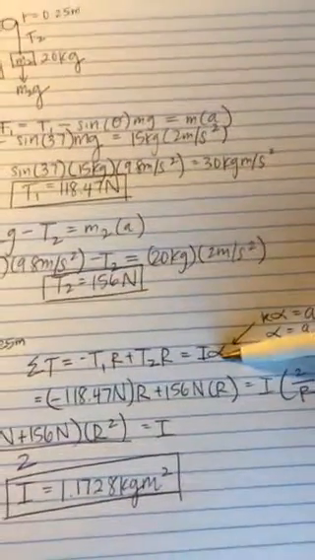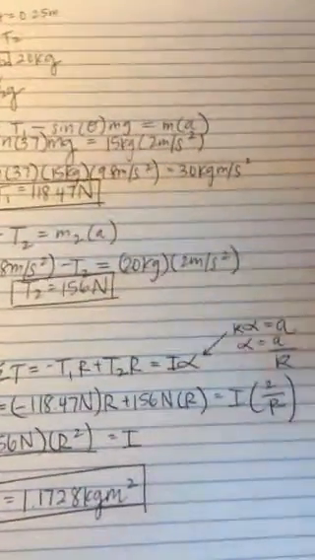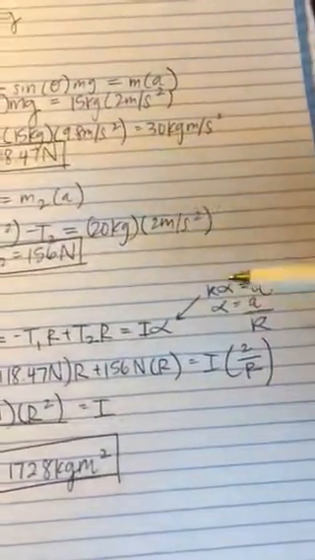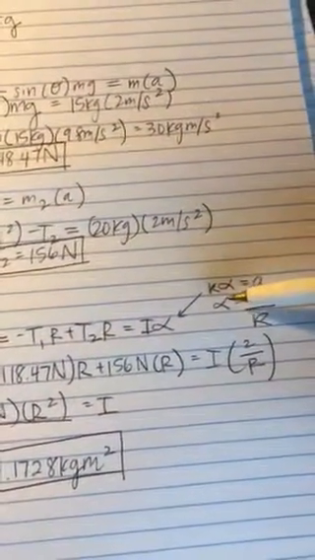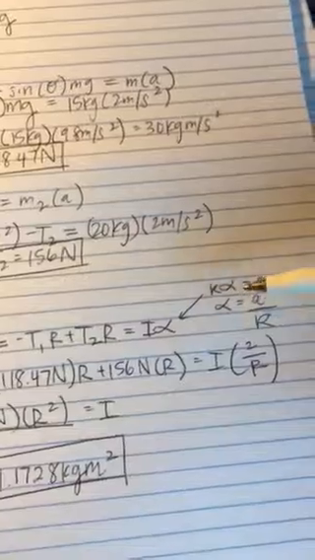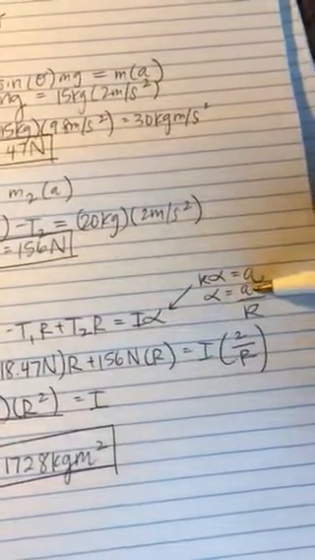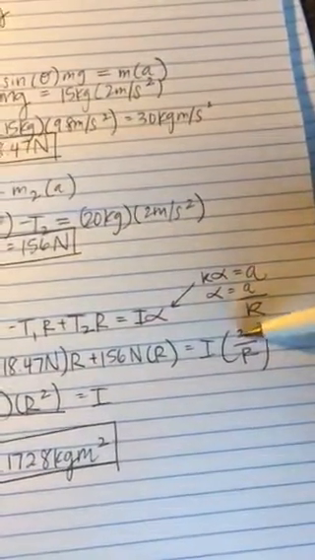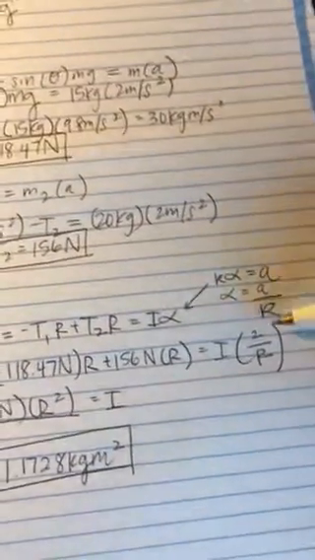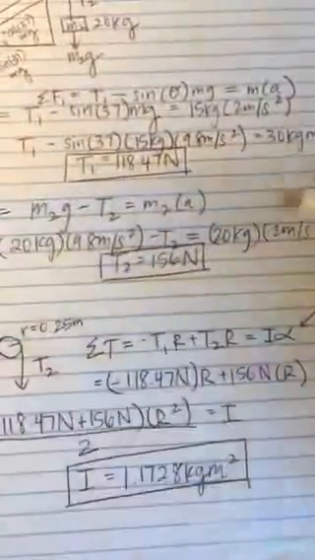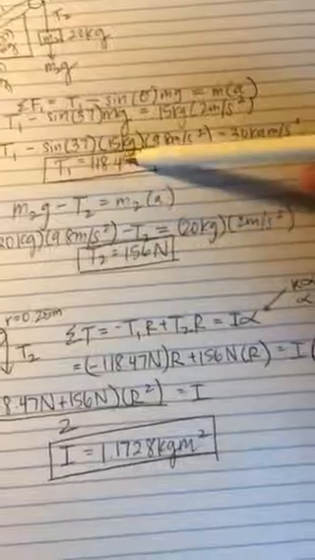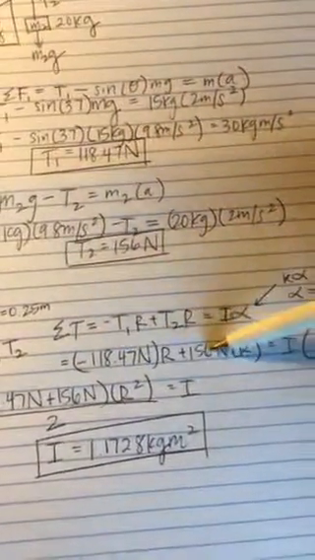For angular acceleration, they already give us regular acceleration, which is 2 meters per second squared. So using this formula, we can isolate and solve for angular acceleration, which is just regular acceleration, which we already know is 2 meters per second squared, over r. So now we're just plugging in the values that we found here and here for tension 1 and tension 2.